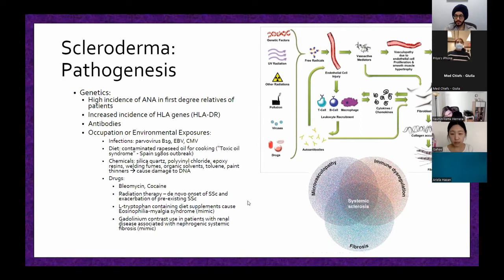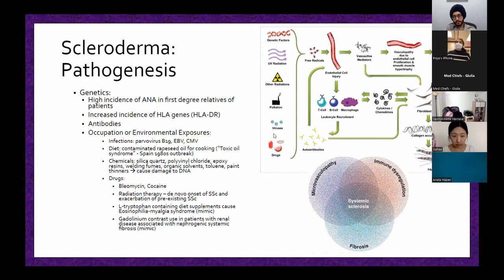And I put this on here: gadolinium-induced nephrogenic systemic fibrosis can mimic scleroderma in terms of skin findings, but is a different thing to consider. And that's also where history sometimes comes in. Ask a patient about why they may have some new skin findings.